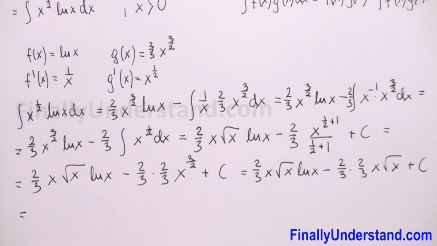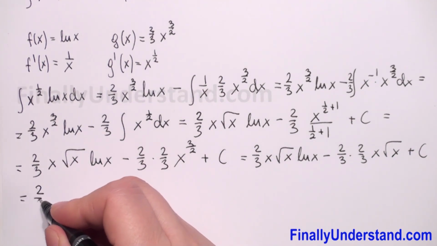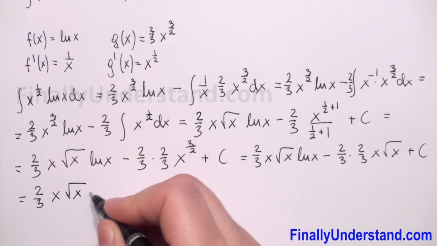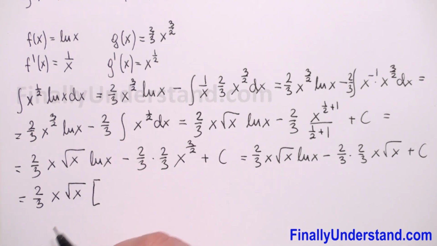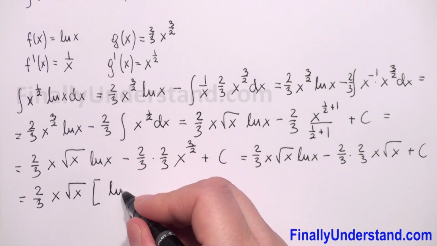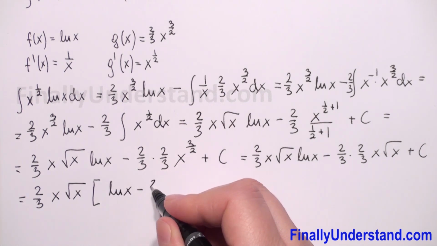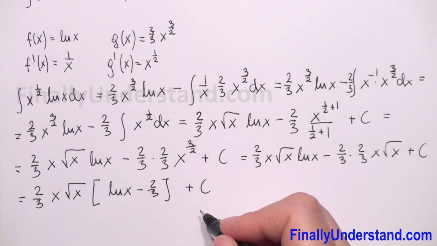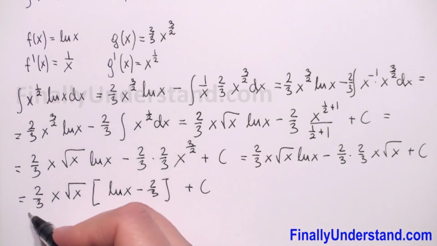Now we can factorize 2/3 times x square root of x, and in brackets we will have natural logarithm of x minus 2/3 plus constant c. This is my solution.